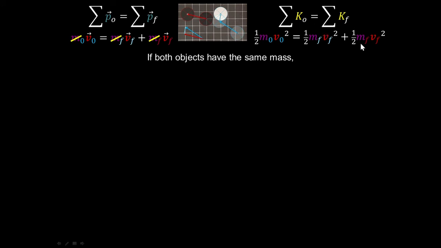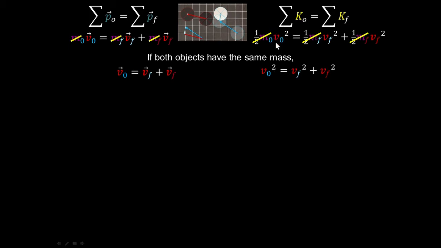Again, if the mass is the same in every term, both the 1/2 and the mass cancel out of every term. So this equation simplifies to the vector of the initial velocity equals the vectors of the final velocities added together, before equals after.